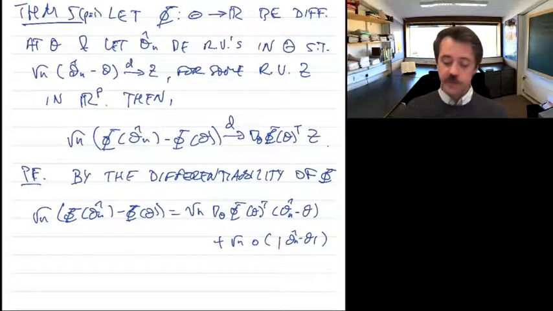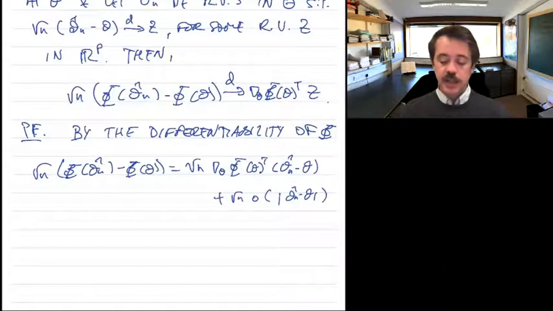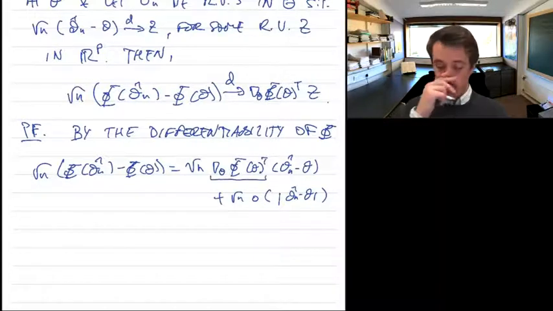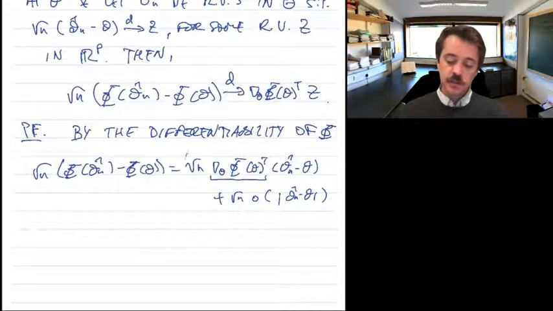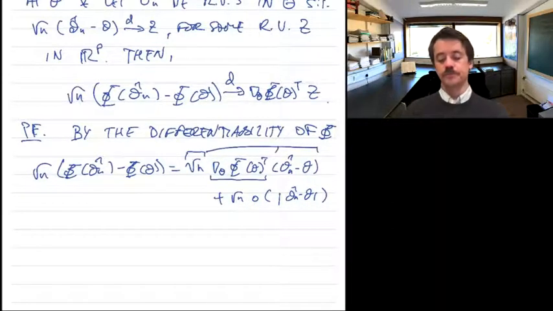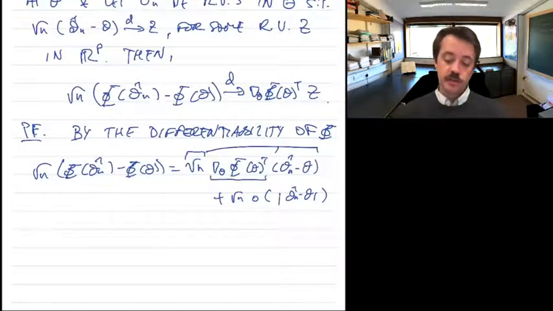Okay. So we have this, and it's really clear that this is deterministic, right? And this, when you put it together with that, will converge to this Z, and so just simply by Slutsky's lemma, we get that the first term converges to what we wanted.